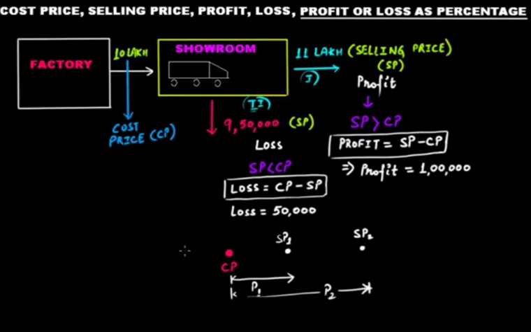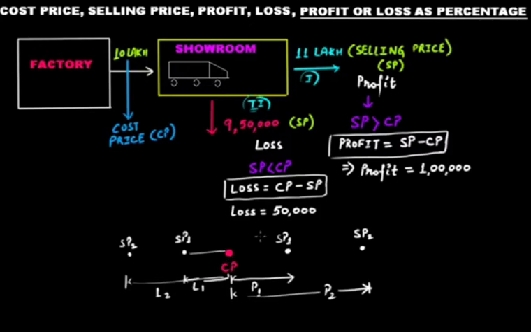If you sell it at this point, that is less than the cost price, then the difference will be this much, right? Let's say this is loss 1 from here. If you sell it at selling price 2, the loss will be from here to here, that is L2. The point is that this will remain fixed.